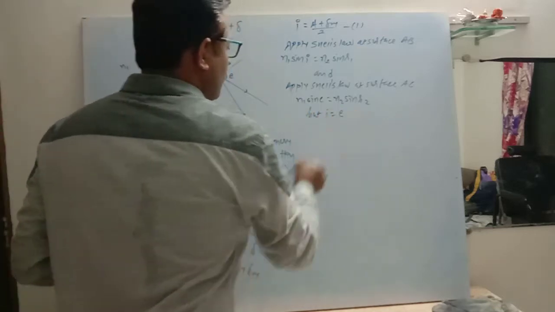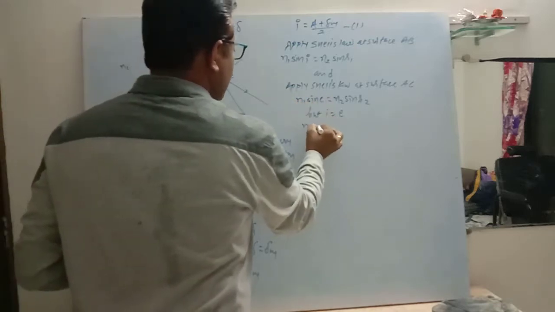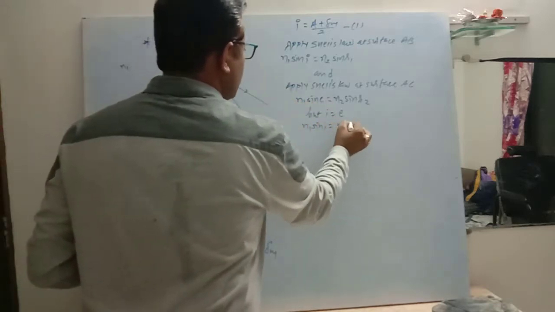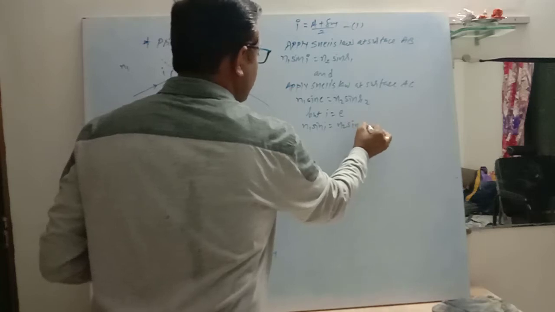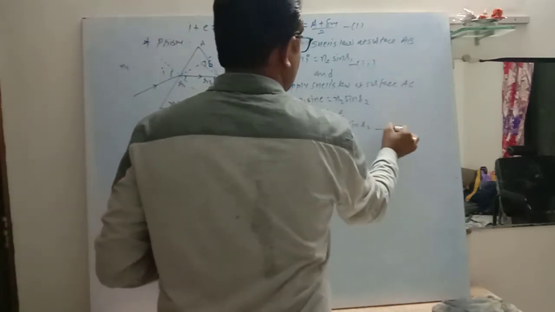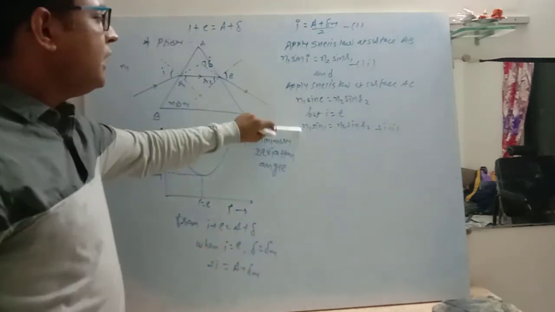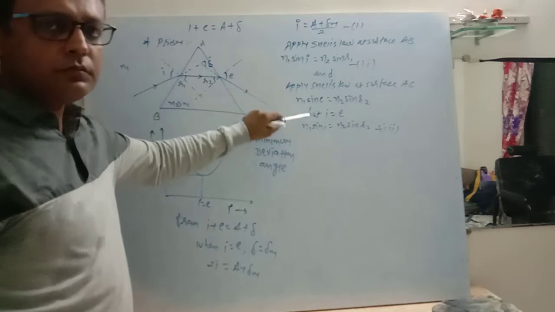But when I is equal to E, at that time eta 1 sin I is equal to eta 2 sin R2. Then from equations 2 and 3, we can say the left hand sides are the same.